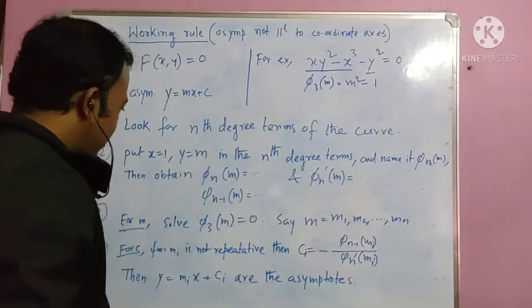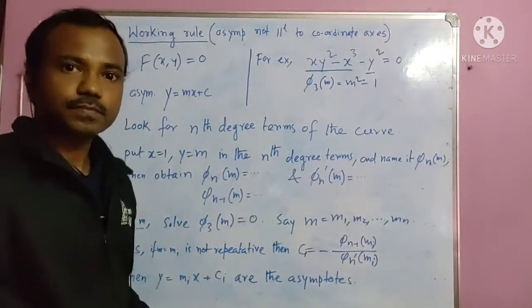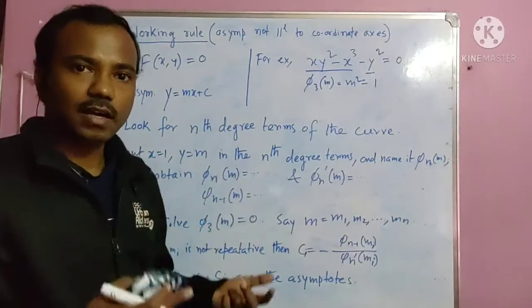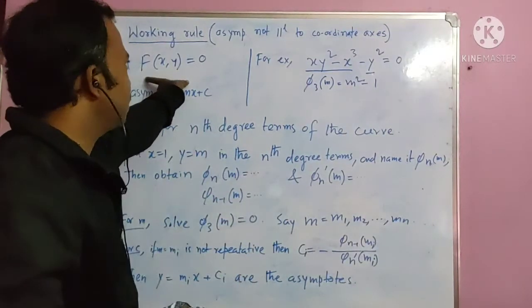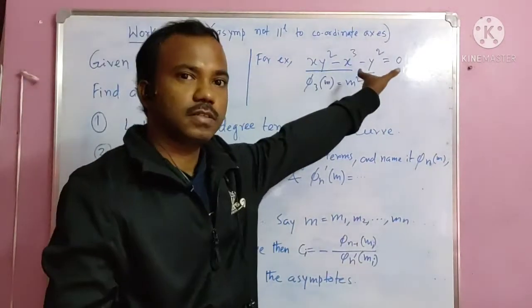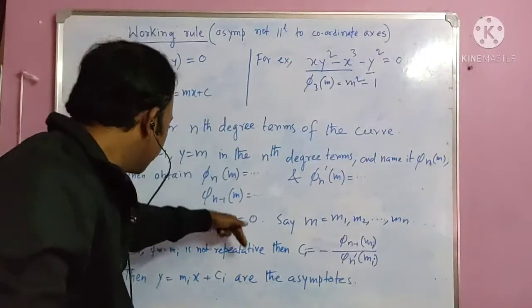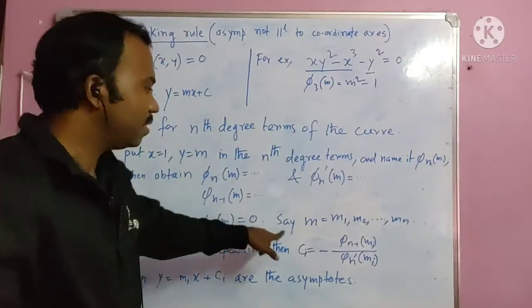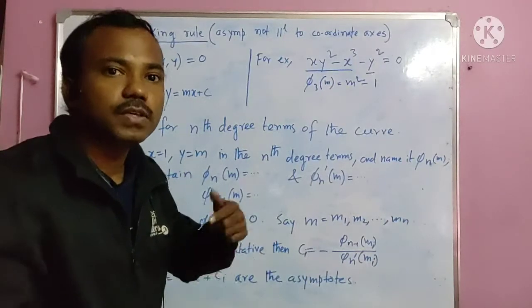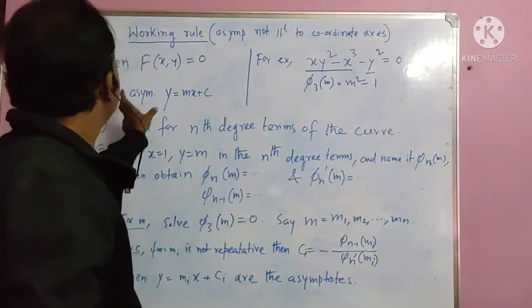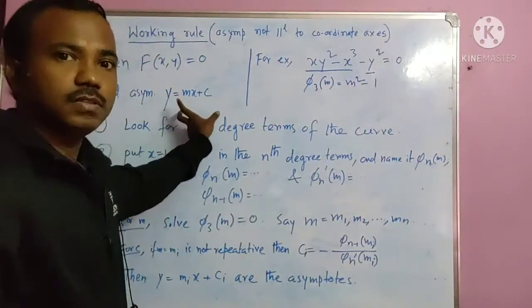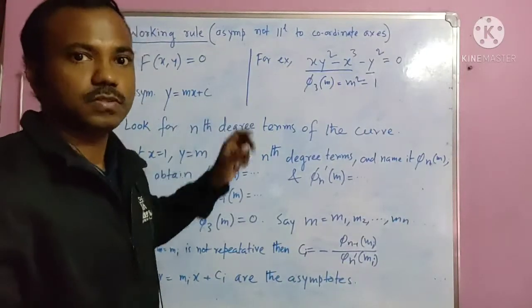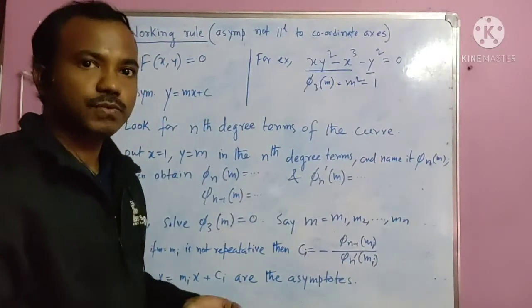Now, using this formula, if you have a given curve f of x y like this, using this working rule you can get m and c. Using m and c you can write down the asymptotes. Okay, so you are done.